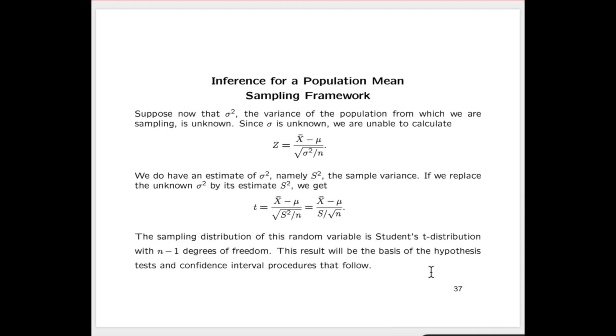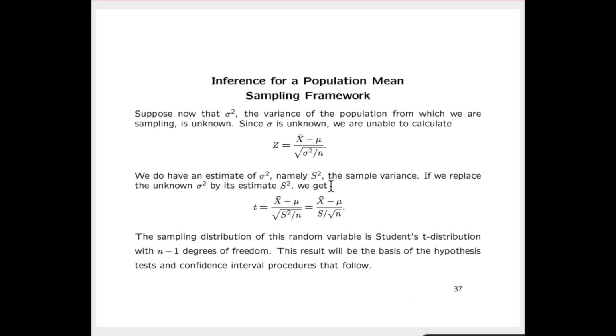There is a t-distribution for every possible degrees of freedom, and the degrees of freedom would range over the positive integers. So when we're dealing with the t-distribution, we have to know how many degrees of freedom we're talking about. And like I said, in the framework for making inferences about a single population mean, the number of degrees of freedom is n minus 1, sample size minus 1.